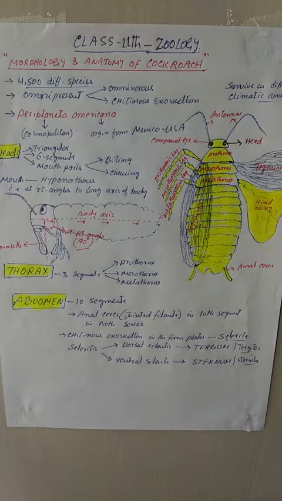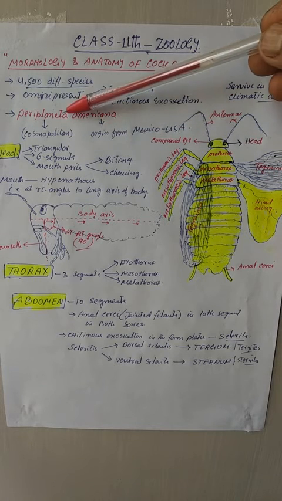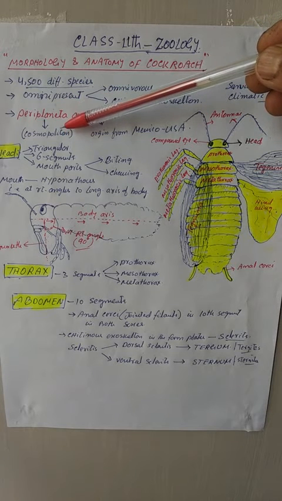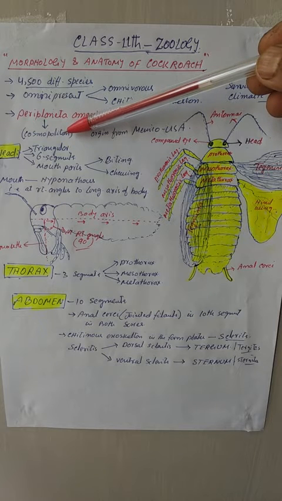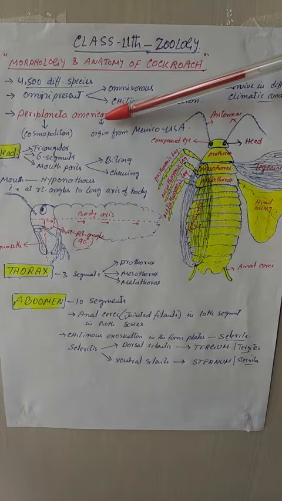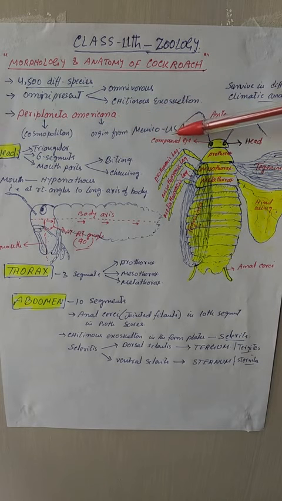Now the most important species which we are going to study about is Periplaneta americana. Periplaneta means their cosmopolitan presence, that they are present everywhere in the world, and the word Americana refers to their origin, as their origin is from Mexico in USA.